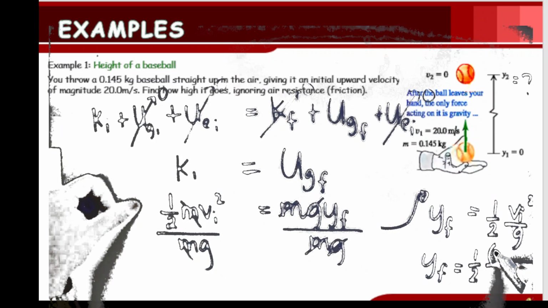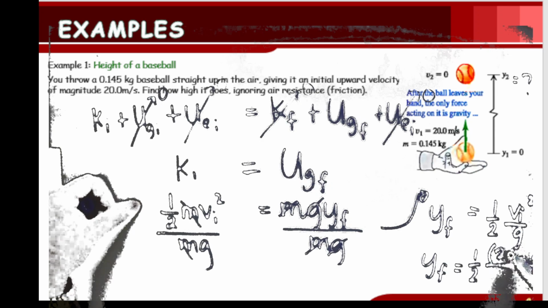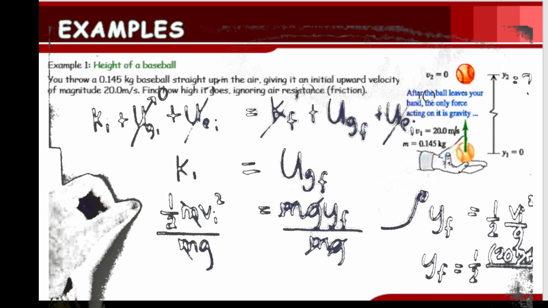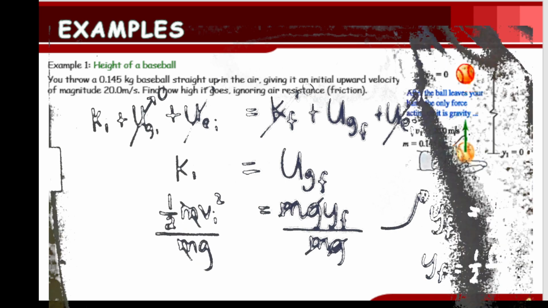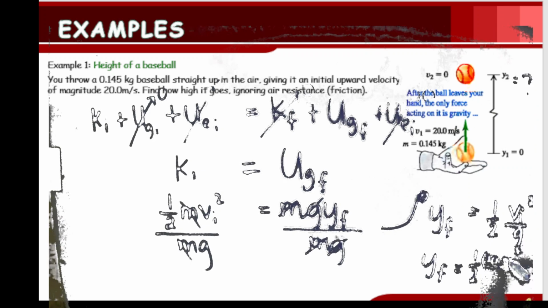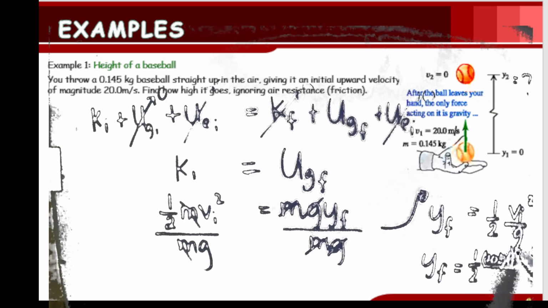We have 20 meters per second, squared, all over g, which is 9.8 meters per second squared.